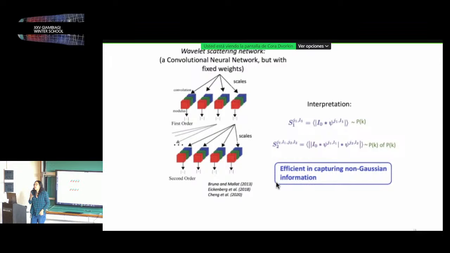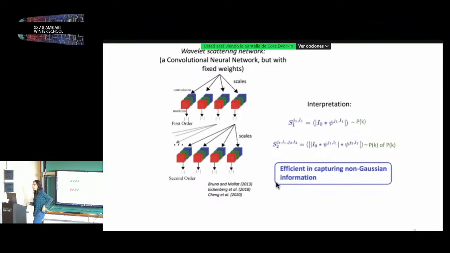In a convolutional neural network, you don't know what the kernels are. You're learning them from the data. It's obscured. Here you know exactly. We're not doing any machine learning. You can call different things machine learning these days, but we are not doing any black box machine learning here. We are using a sophisticated statistical method.